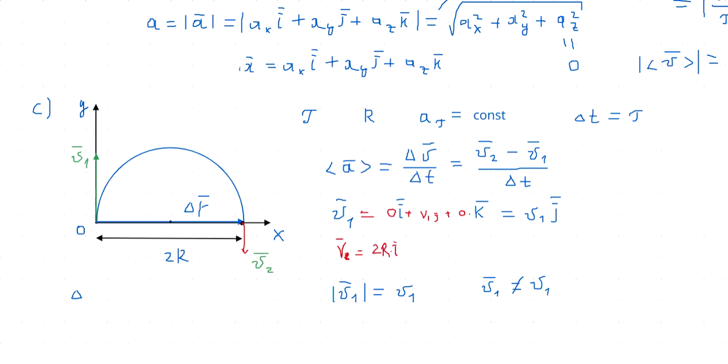Delta R is equal to double R e, because the direction is from left to right. But for v2, the direction is from up to down. We will ignore this, because this is displacement, but now we need velocity. These are different vectors.